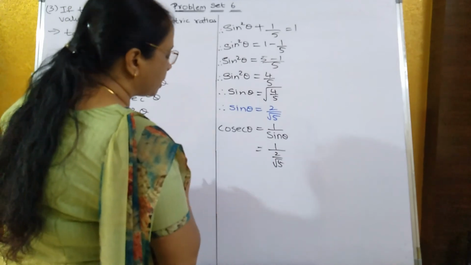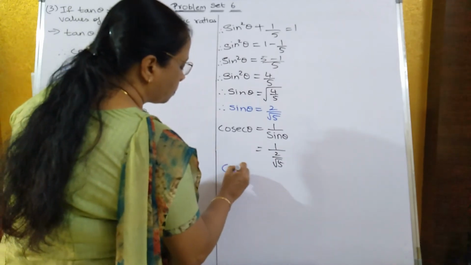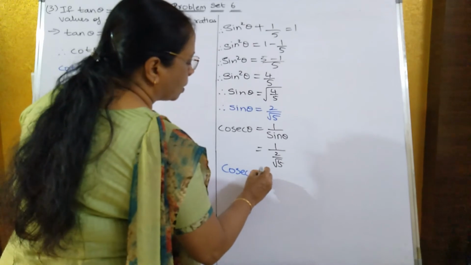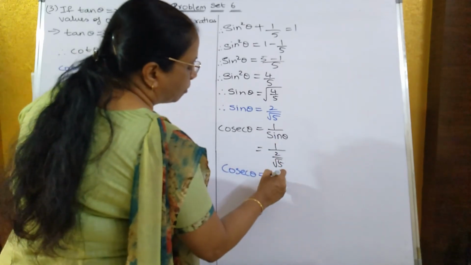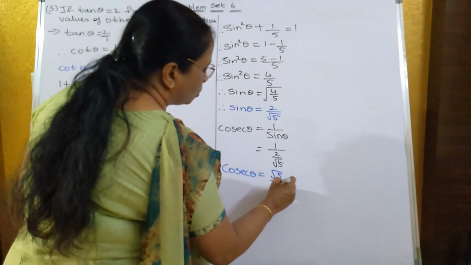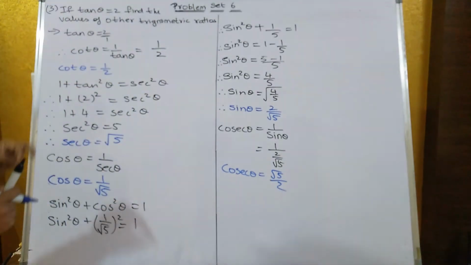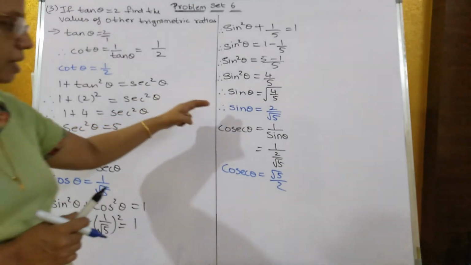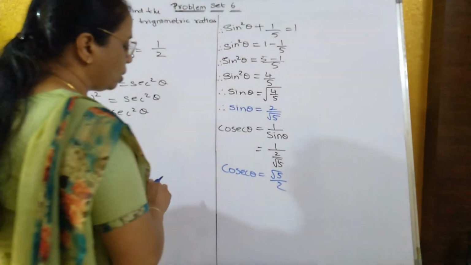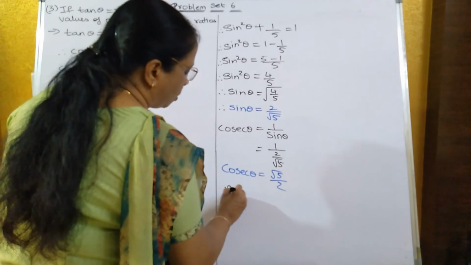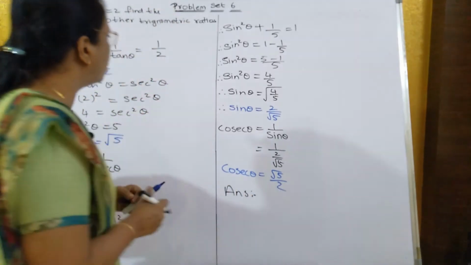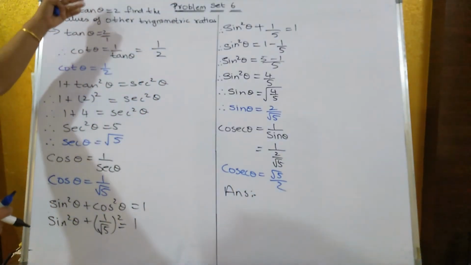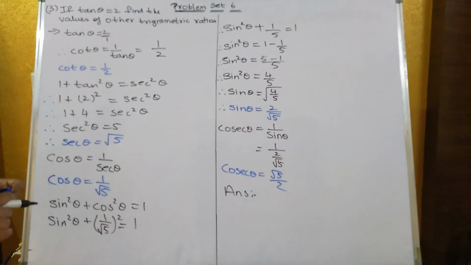So cosec theta is equal to, when you take this on the top, root 5 upon 2. So we have got all the values: cot theta, sec theta, cos theta, sin theta and cosec theta. In the end you write down the answer. Write down all the values whichever you have got, except tan theta, you don't have to write because it is already given in the question itself.